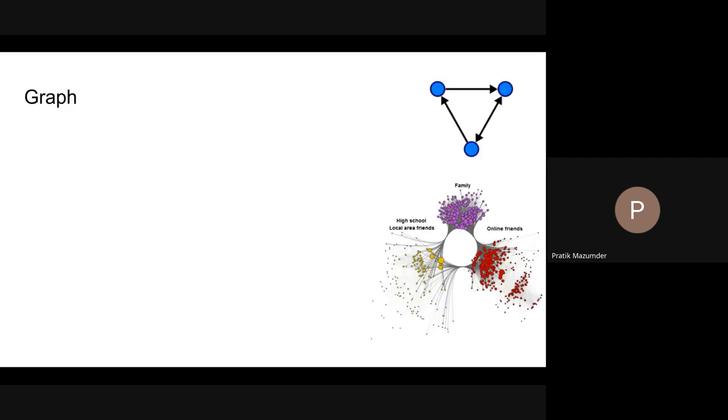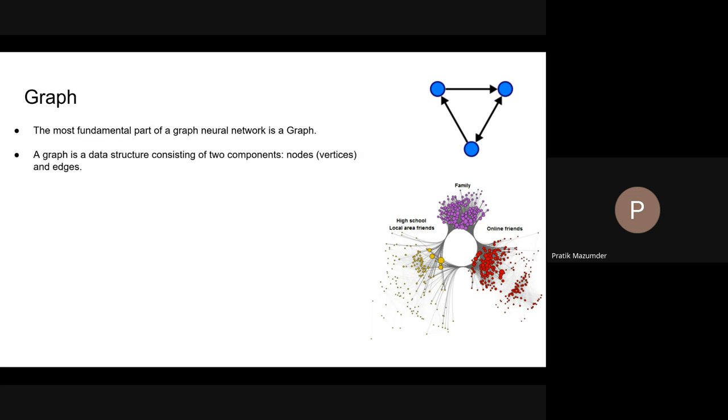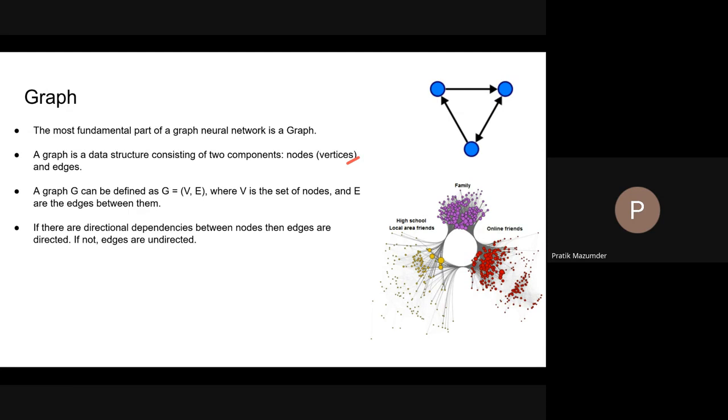Okay. So before we start with graph neural networks, let's again revisit the concept of a graph, which I think many of you have already seen earlier in your undergraduate days, or maybe even in your master's program. A graph is a data structure which has basically two components. We have nodes or vertices and edges, and you also maintain which nodes are part of which edges, so in a way you know how the nodes are connected to each other or not.